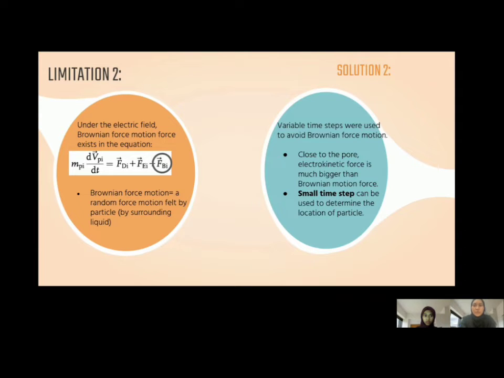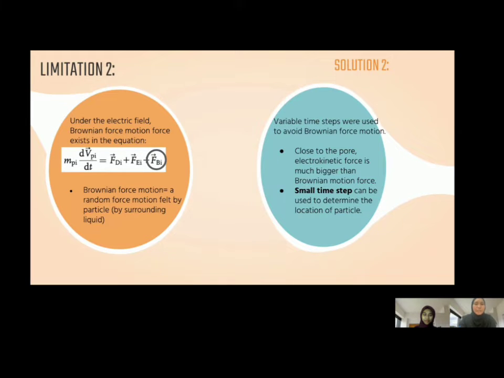In order to solve this Brownian effect limitation, they use variable time steps which can avoid the Brownian force motion. Then they found out that close to the pore, where the separation process will happen, the electrokinetic force is much bigger than the Brownian force.